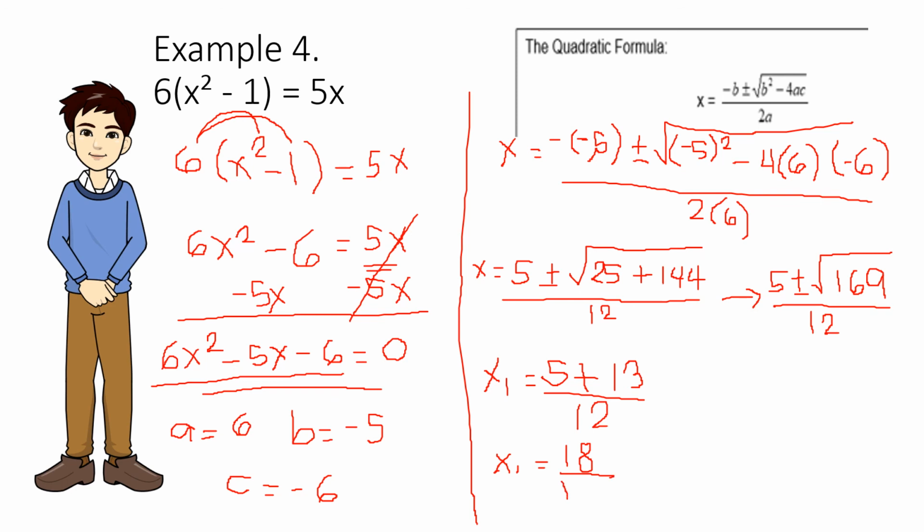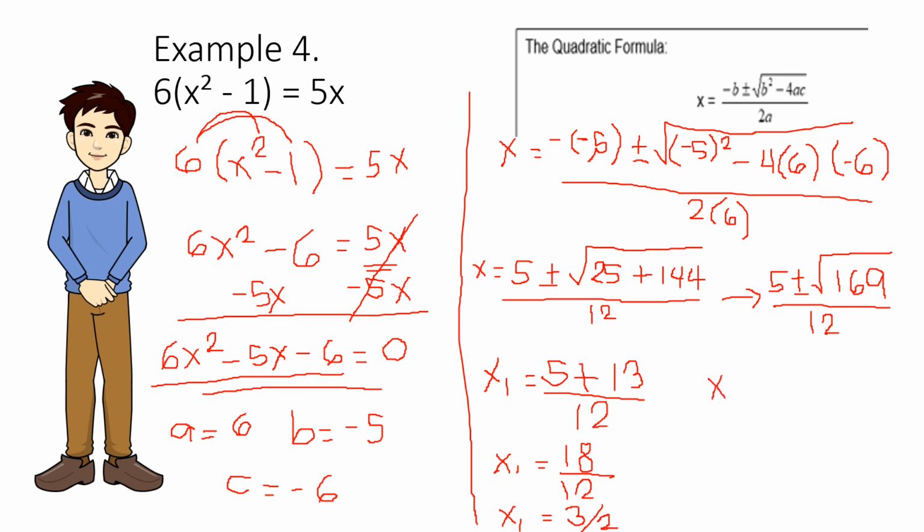Then, ilowest term natin yung 18 over 12. So, this becomes x sub 1 equals, gamitin natin divisor ay 6. Common na divisor na gagamitin natin, greatest common factor nilang dalawa is 6. So, magkakaroon tayo ng 18 divided by 6, so the answer is 3. Then, 12 divided by 6, the answer is 2. So, this serves as the value of our x sub 1.